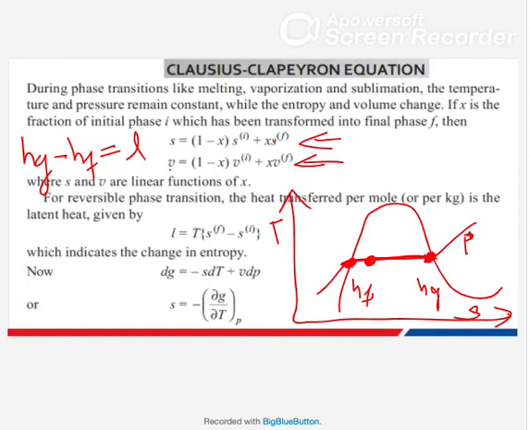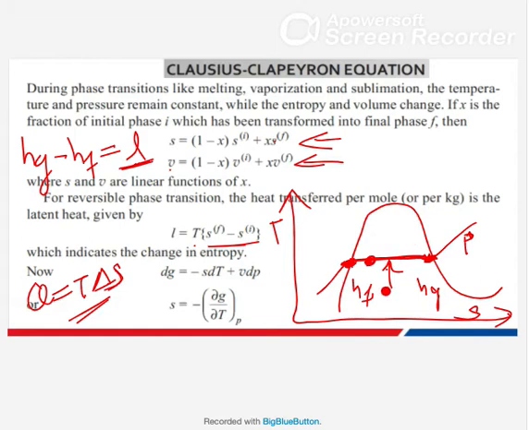This difference is enthalpy. Now, if the heat transfer is reversible in this phase change process, then we can write it in terms of heat transfer. What we are doing is transferring heat, which is nothing but latent heat. Heat is T dS, right? Heat equals T delta S for a reversible process.